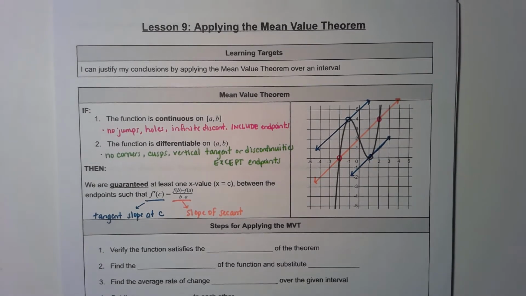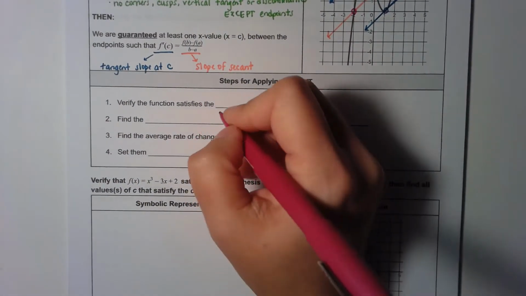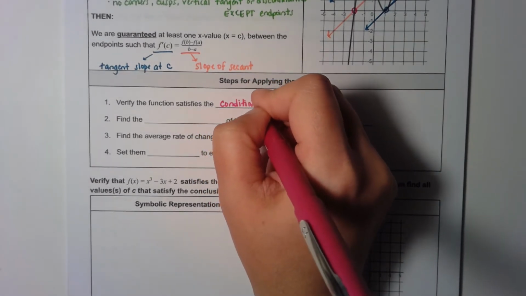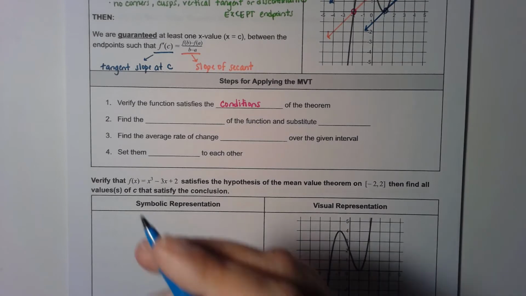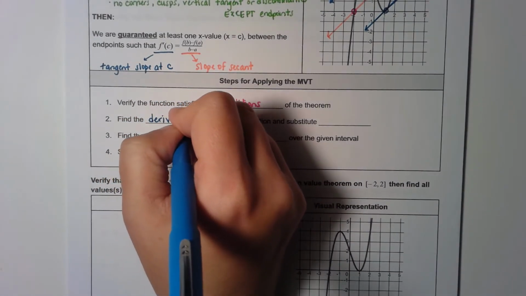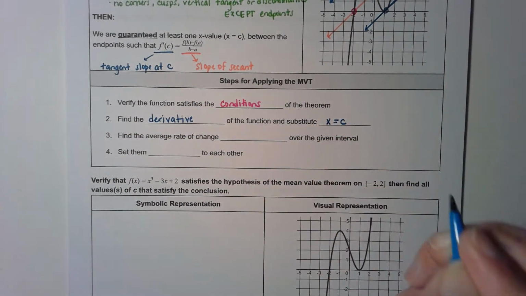Okay, that's kind of the brief review that was in detail in the notes we took previously. I just wanted to go through it one more time. Now, here are the steps for applying the MVT. First, you need to verify that the function satisfies the conditions. So before you do anything, make sure you have a continuous and differentiable function, or else all bets are off. You can't promise anything. Then find the derivative and substitute the value x equals c into that derivative.